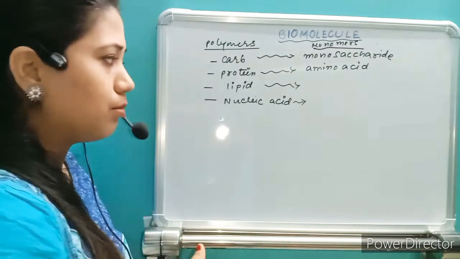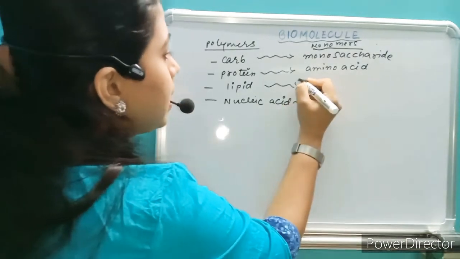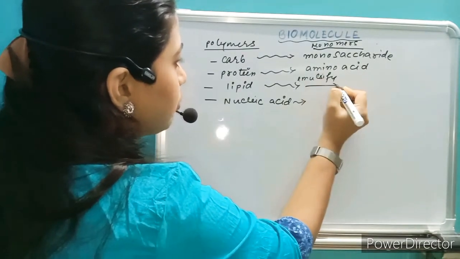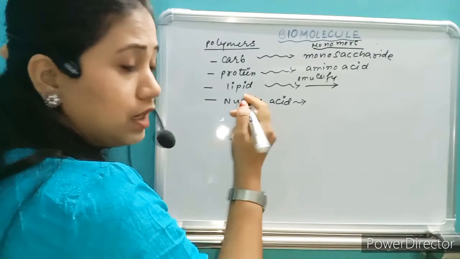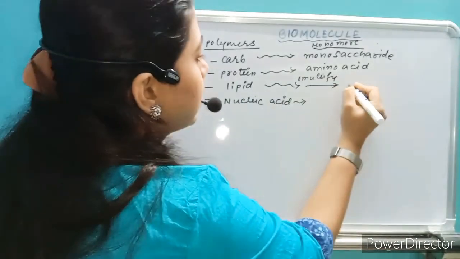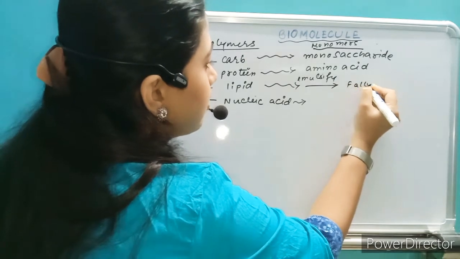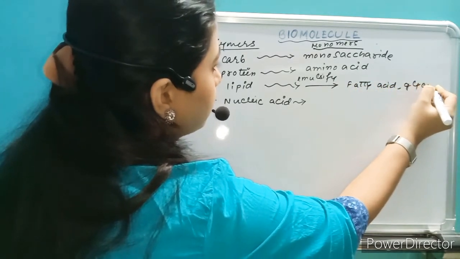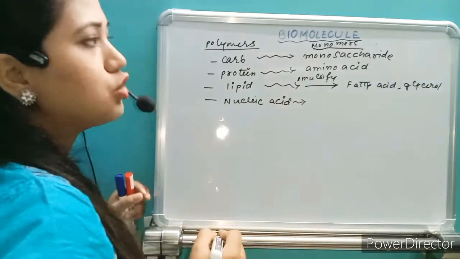If you emulsify lipid and break it down, you will get the components, that is fatty acid and glycerol. Next one, the nucleic acid.